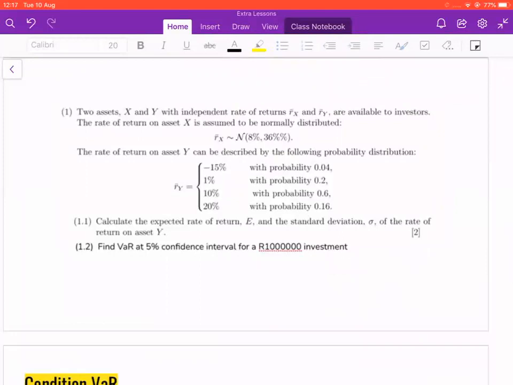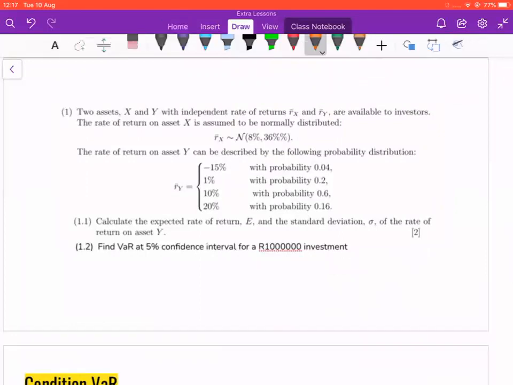For x, they tell us that the returns of x are normally distributed, and they want you to calculate the 5% VaR. I am going to skip the question to calculate the expectation, so it's fine. We have to find the 5% VaR.